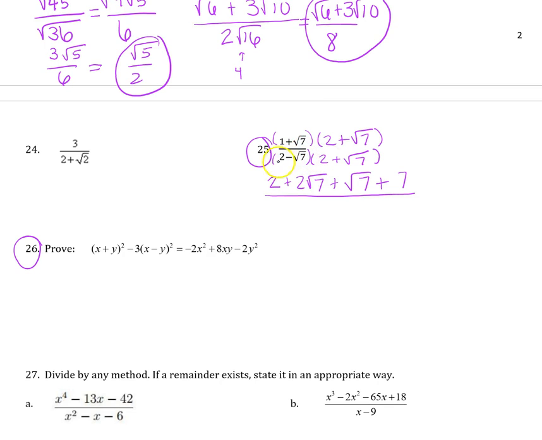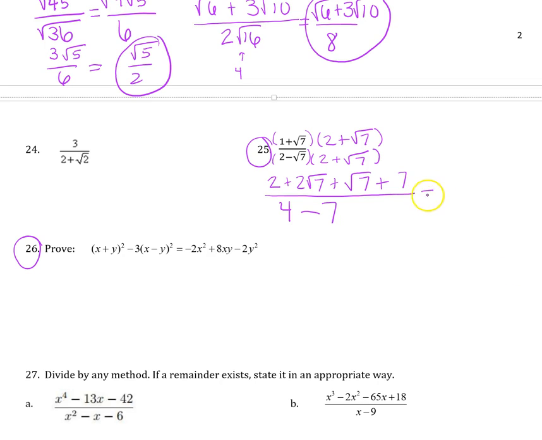So I've got 2 and 2, that gives me 4. My middle terms, my inner and my outer: I got 2 times negative radical 7, so it's negative 2 radical 7, positive 2 radical 7, so those are going to cancel each other out. So I'm left with minus radical 7 times radical 7, which is radical 49, or 7.